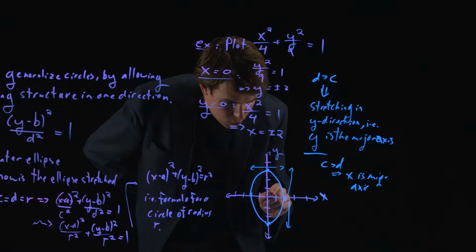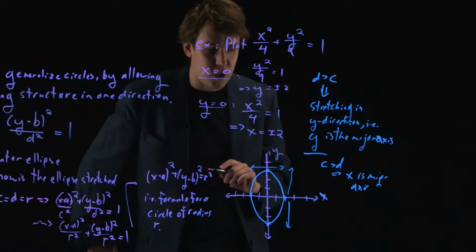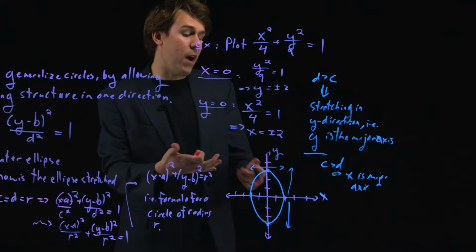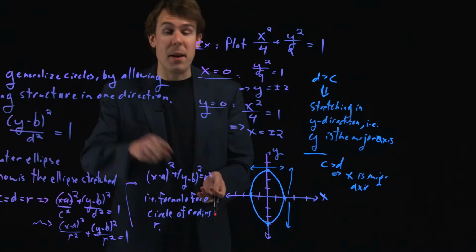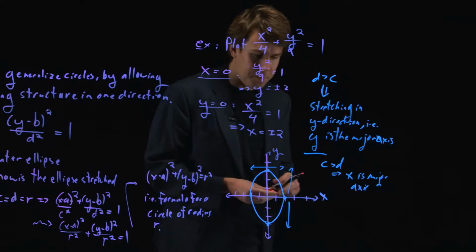This point is distance 3 from the center. This one is distance 2. So I'm not going to get away with defining an ellipse as the set of points a fixed distance from one point. But I can use 2 points to make this happen.